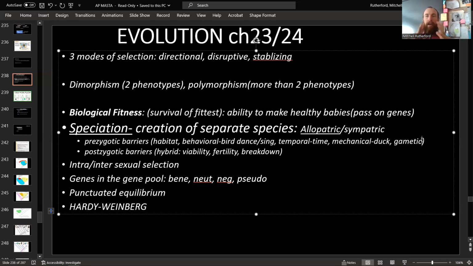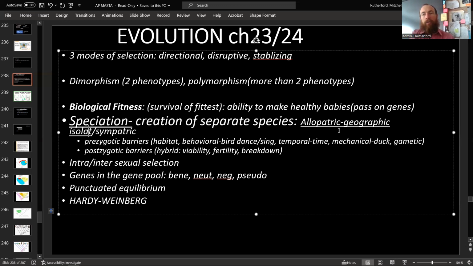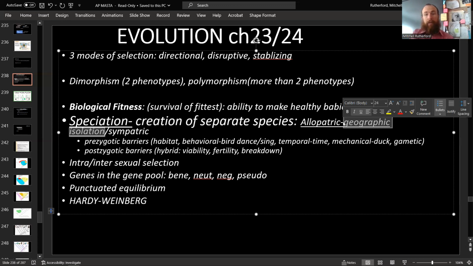Now, the allopatric speciation is happening through geographic isolation. So the geographic isolation there is allopatric, and that means that they're physically separated.